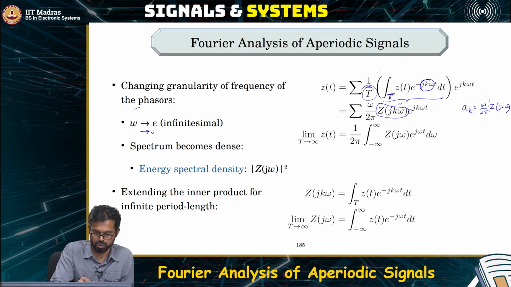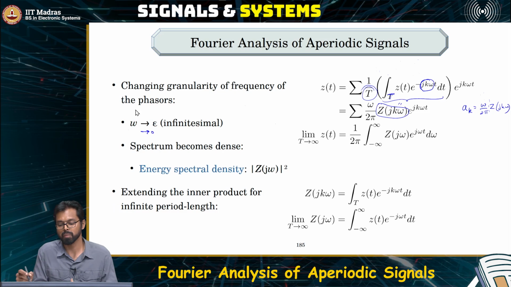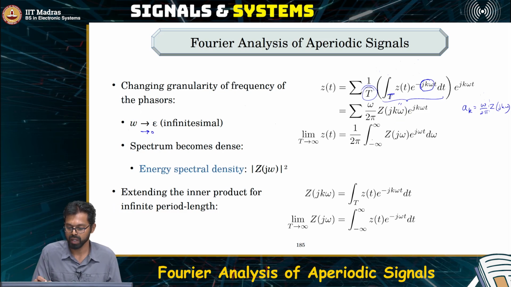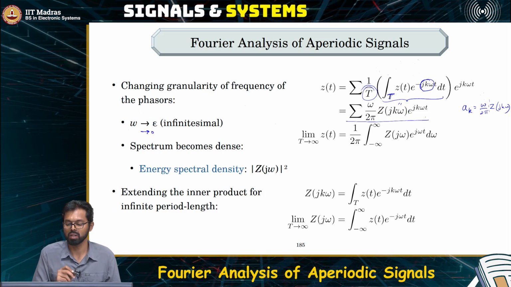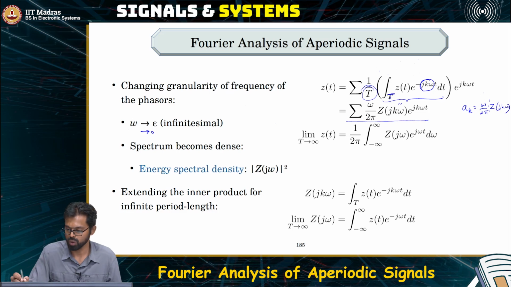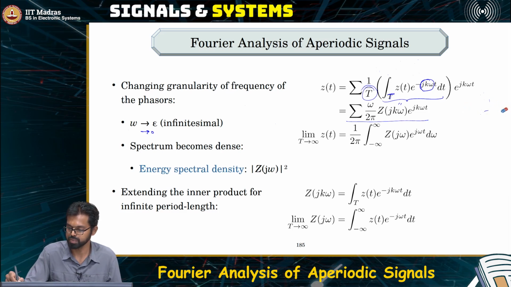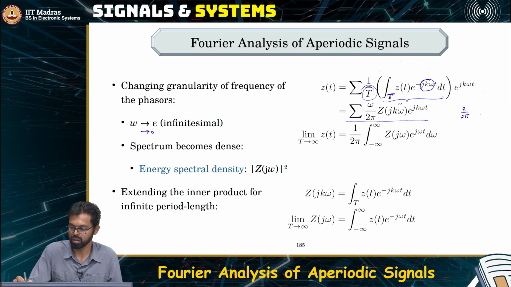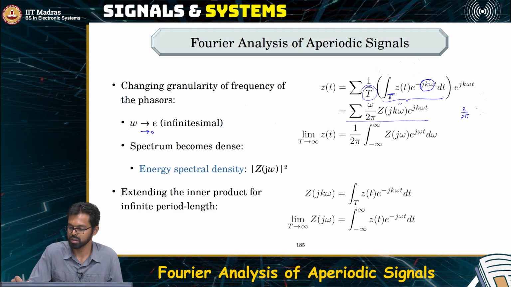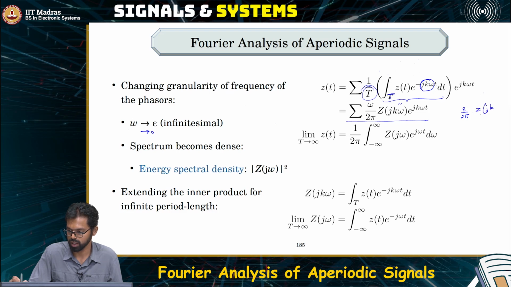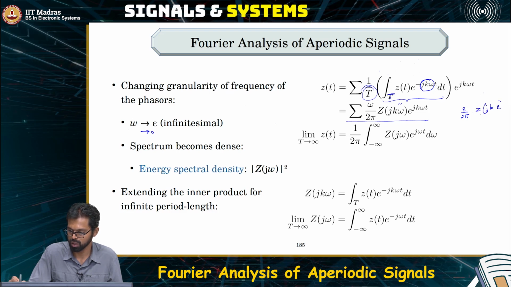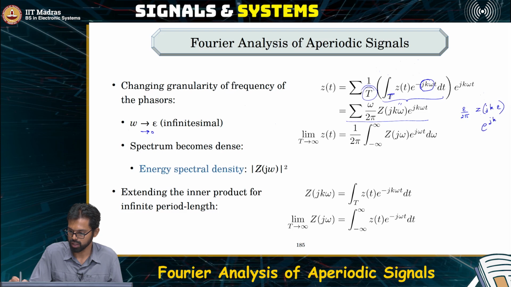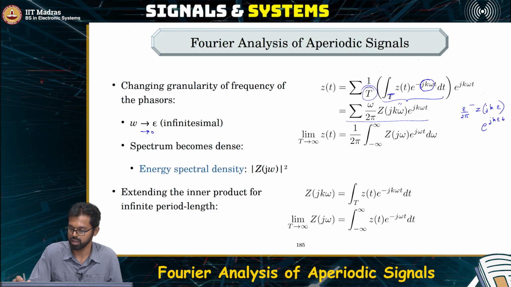This actually goes to 0. So applying the limit to this summation, omega is now a very small number. That is, it is epsilon by 2 pi z of jk epsilon e power jk epsilon t, and there is this summation.